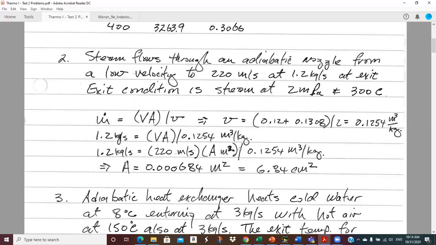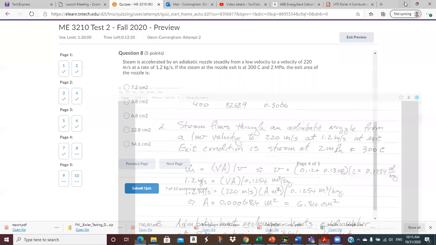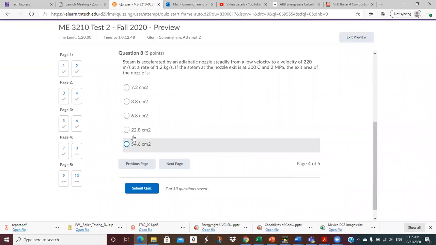So solving this for A, I get 0.0000684 meters squared, and then that converts to centimeters squared. So I guess I have to multiply by 10,000. Each meter has 100 centimeters in it. So 6.84 centimeters squared. Okay, that's the answer. So 6.8.